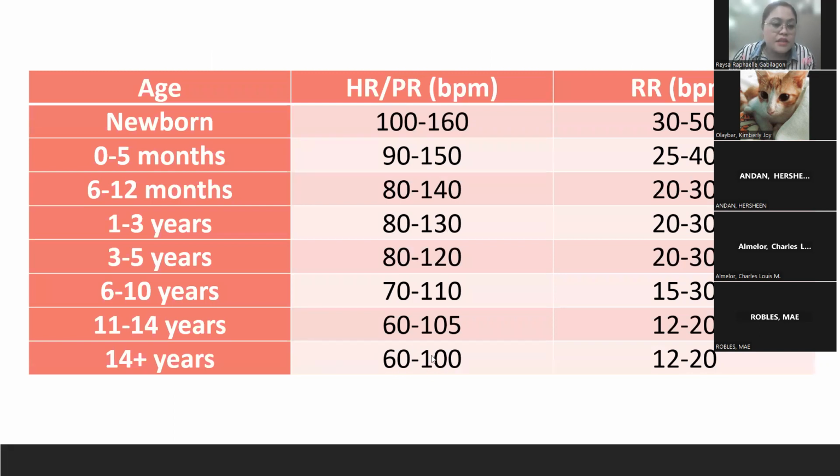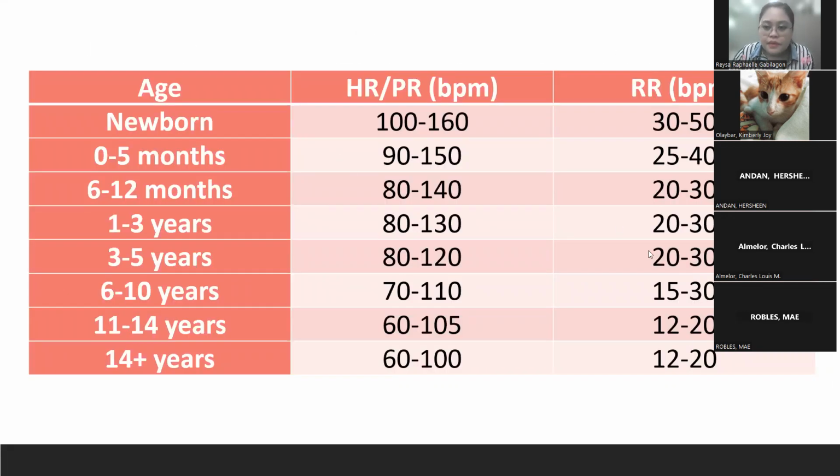You know that 60 to 100 tayo kasi adults na tayo, 14 and above years old. Yung mga babies, medyo mas mataas yung kanilang heart rate and pulse rate. And that is also true for the respiration rate. Mas mabilis yung kanilang paghinga kaysa sa atin adults.